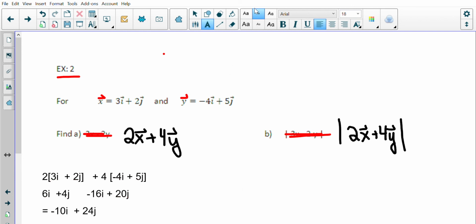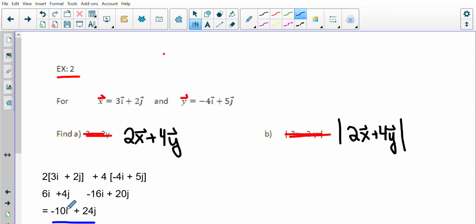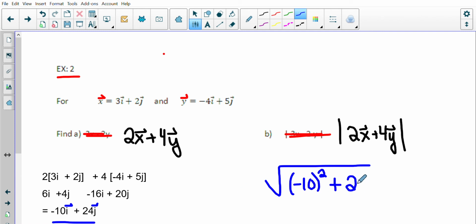And so when I'm finding the magnitude of this vector, there are vector symbols over these i's and j's because they are standard unit vectors. I'm going to use the Pythagorean theorem again, where I have negative 10 squared, even though I don't really have to put negative 10 because the length is still 10, it's just in the left direction, plus 24 squared.